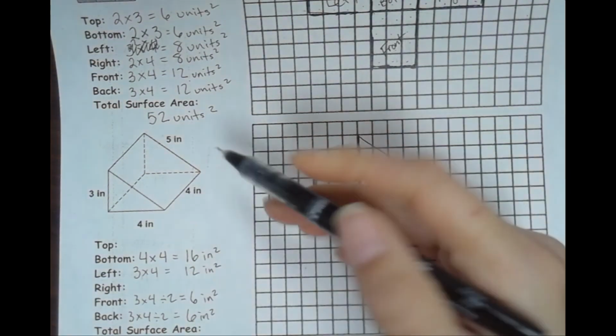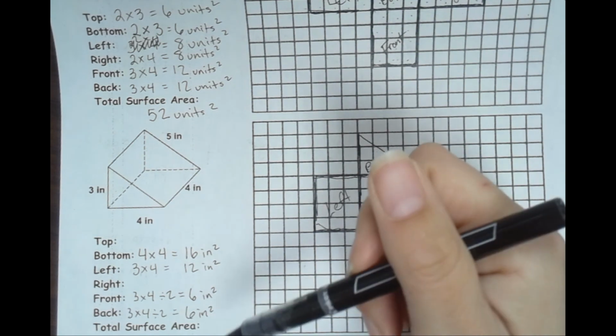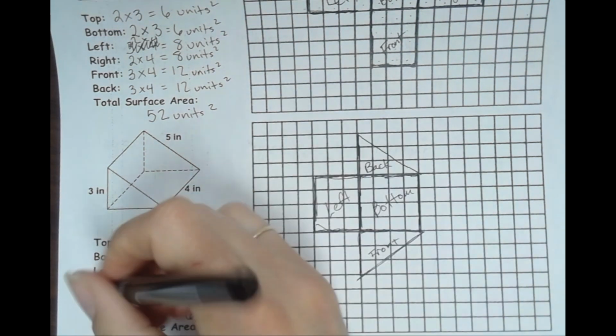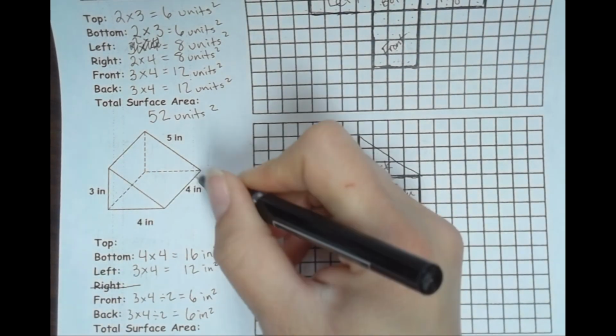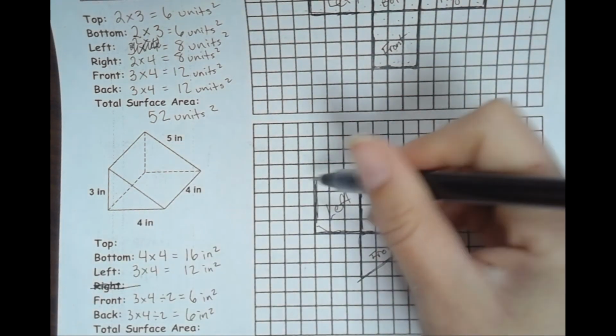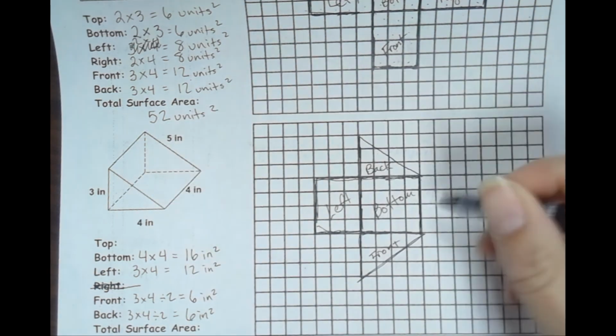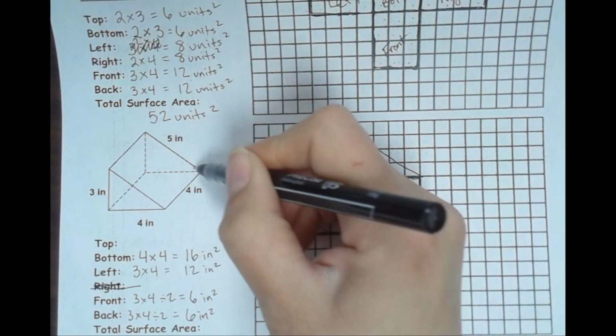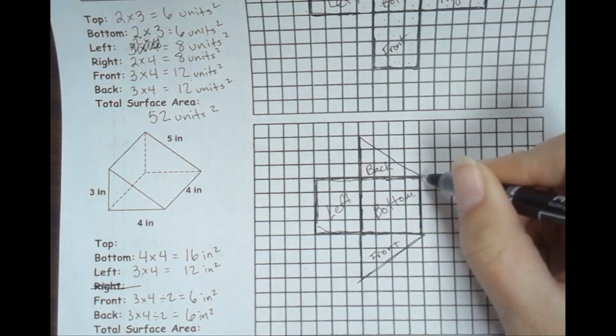The right side or top, depends how you look at this. I see it as a top, so I'm going to cross off the right. The right side doesn't exist on this one, to me. But the top connects to the left side. So I'm going to draw this is 5 inches by 4 inches. So 4 is already here.